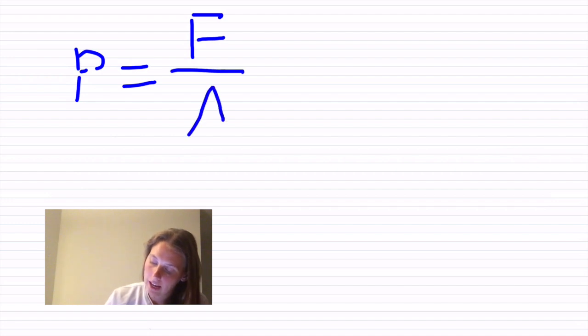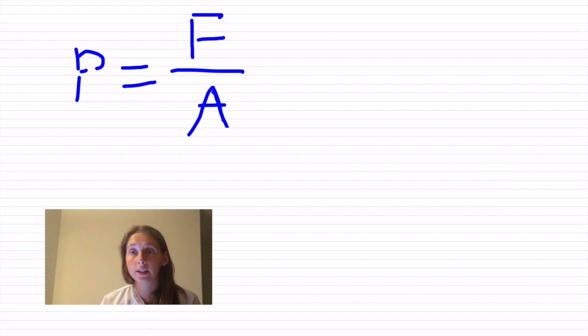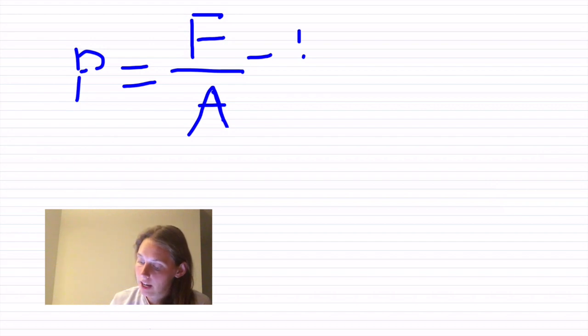Now, I want to make sure you understand or have an idea in your mind of what pressure is. Pressure is defined as force per area. So it's the amount of force applied over a certain area. That force could be, for example, in units of newtons.